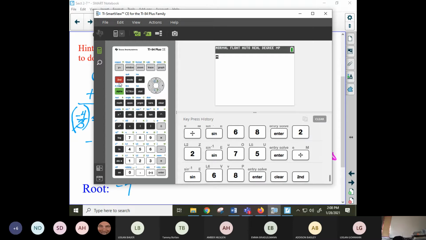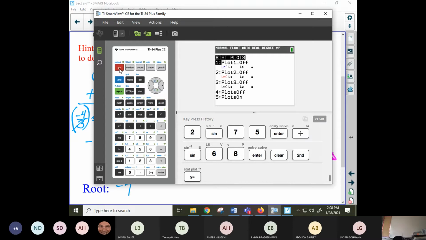If you go second, y equals, you should get something like this, and every once in a while, like if you notice I have 3 plots, mine are all turned off. Every once in a while, one of yours will get turned on, and what we would want to do is go down to whatever number says plot off.